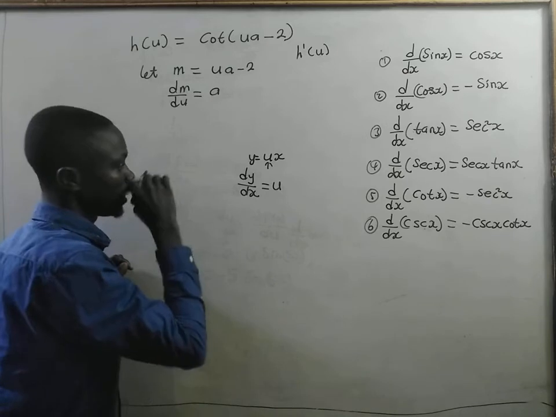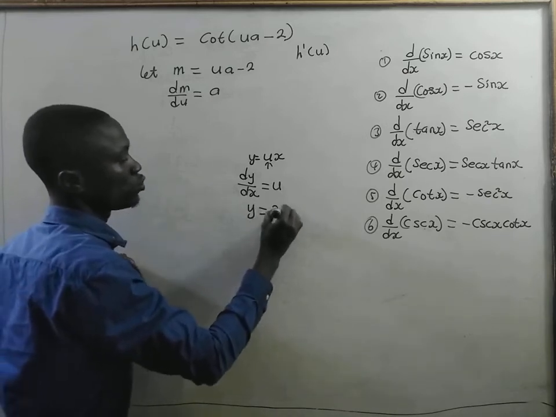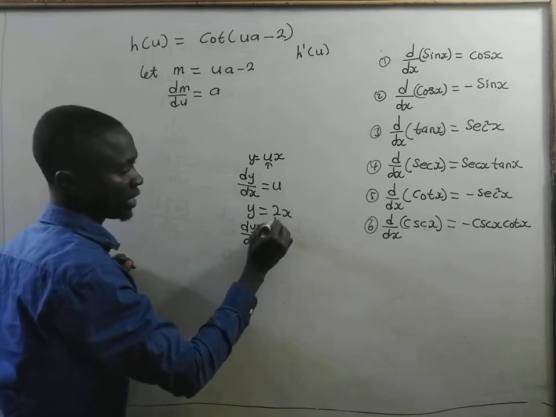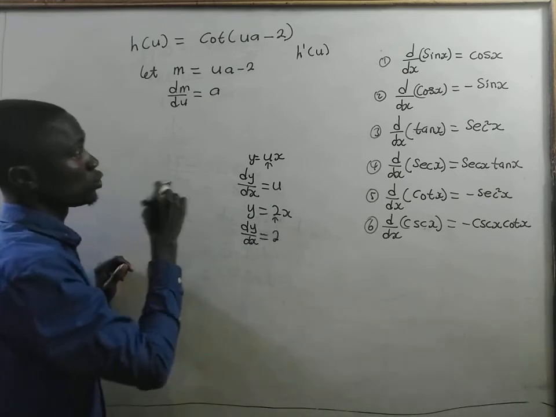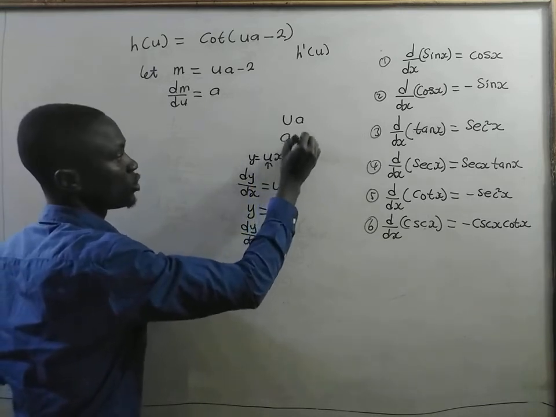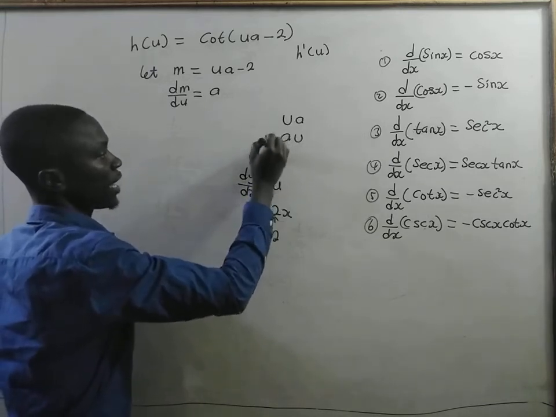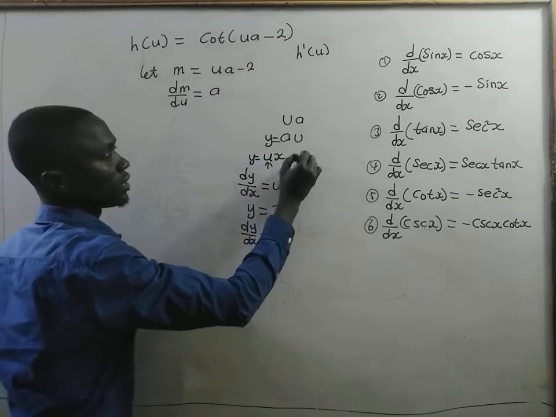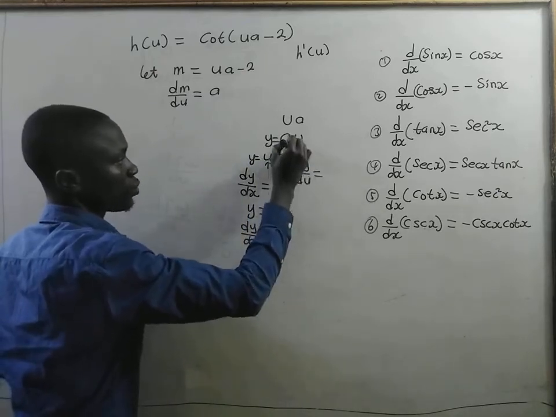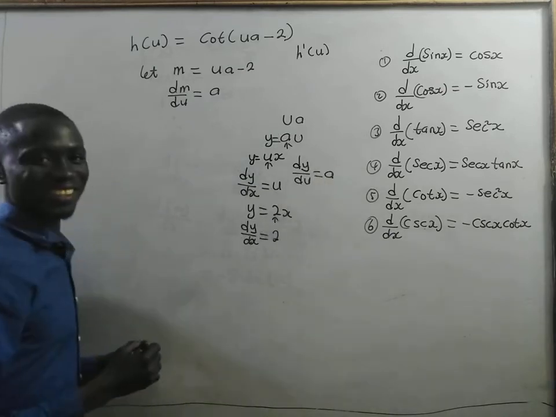Simple as that. It is like writing y equal to 2x. The derivative of y with respect to x is equal to the constant 2. So here, if I have ua, it's the same as au. So if I have y equal to au, then the derivative of y with respect to u is the constant a. Take note of that.